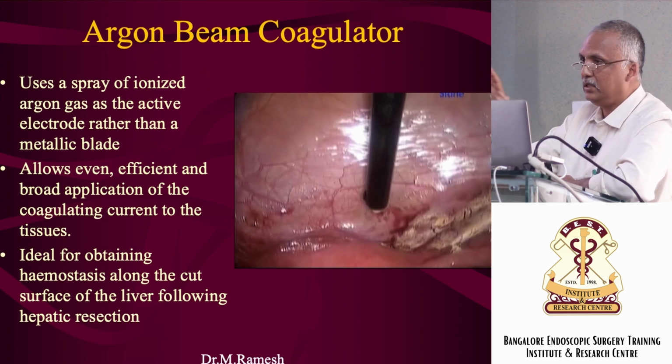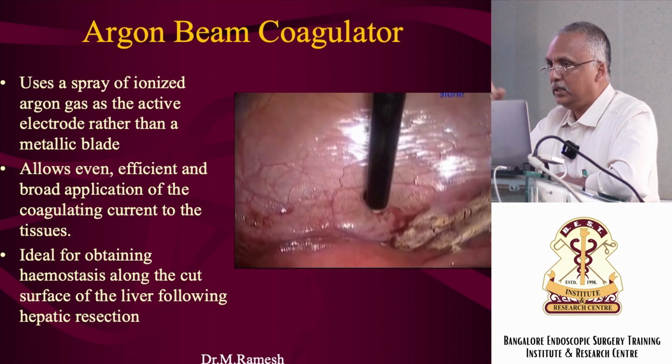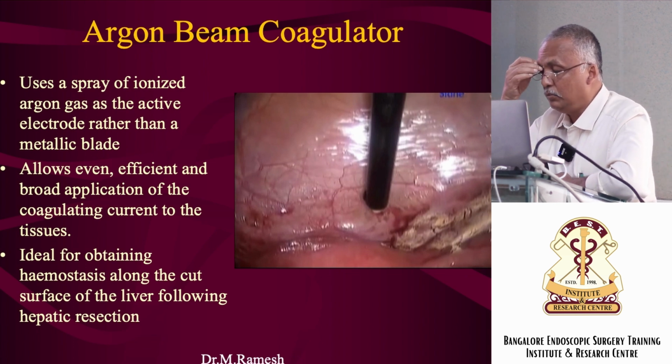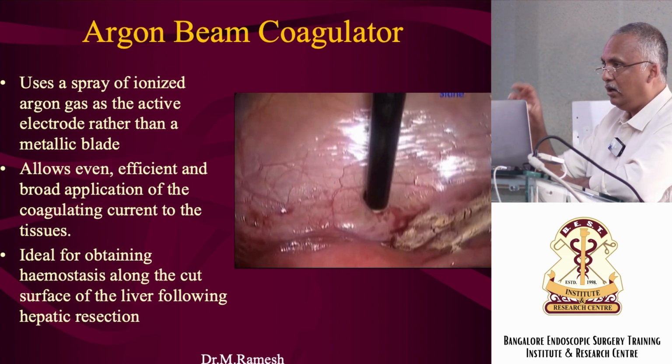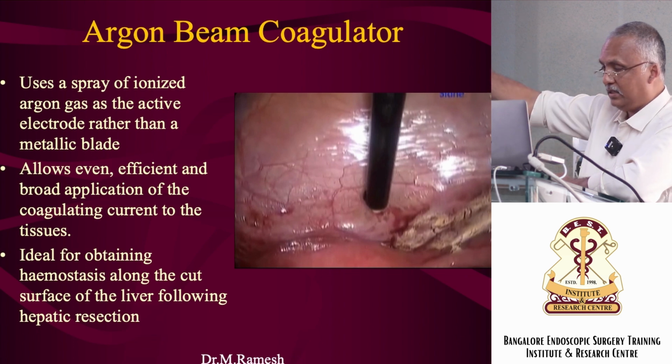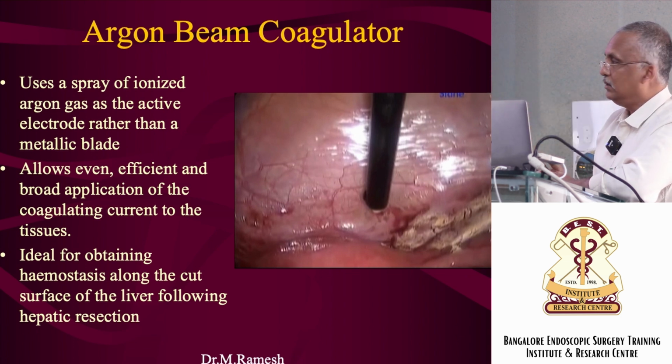It causes superficial coagulation. So you have a liver bed which is all oozing, or you have endometriosis. There are a lot of red spots everywhere. Or you've done a pelvic surgery and there is oozing on the pelvic surface. Then you can use an argon beam.